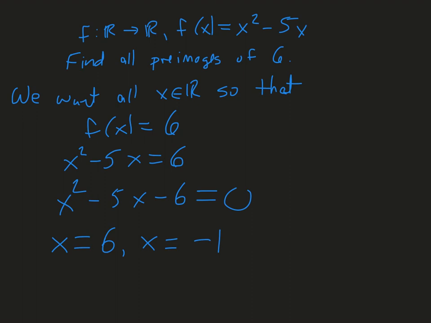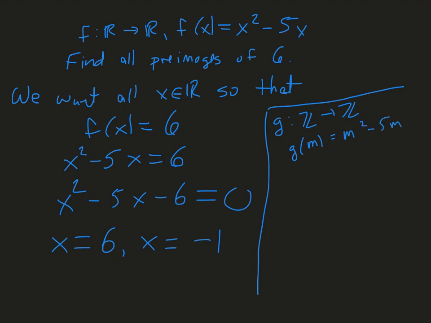Now, a little side note, if we did the same thing with g from Z to Z, where g of m is equal to m squared minus 5m, we want to find preimages of 6, well, the exact same thing would happen.